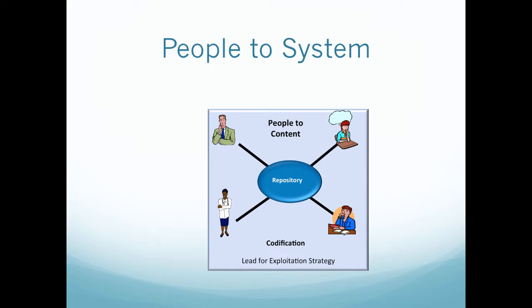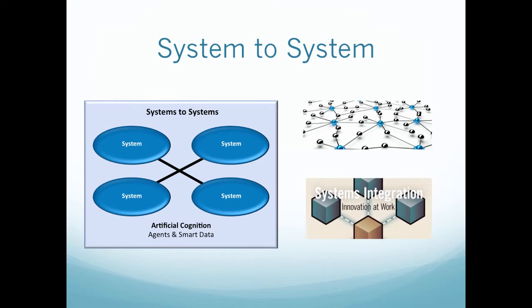But we want them connecting, and there's an element of technology in there because the interface that they use to get into that repository might be the barrier that's holding them back. We want our systems to pass information to each other because that's the most efficient way of doing business. And when we can get many of our transactions down to system to system, then we can worry about the higher level cognitive skills and higher level decision making that has to go on in an organization.